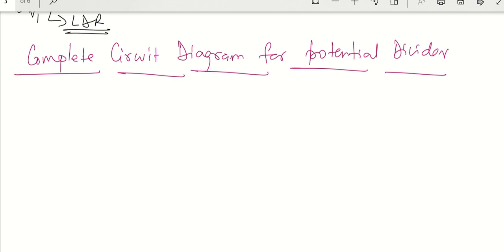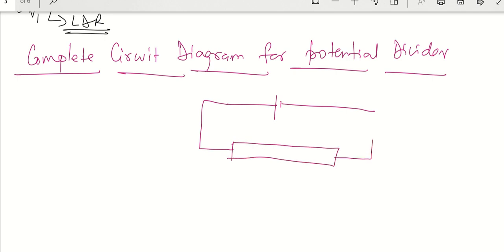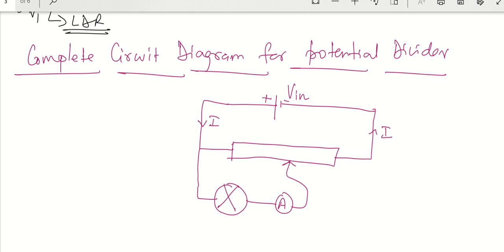So I have a cell here, and then I'm going to have a resistance here. Okay, so this is my V in, positive, negative, this is my current, going like this. I am going to have a resistor or a bulb, and then an ammeter, and then I am going to connect here with a jockey.